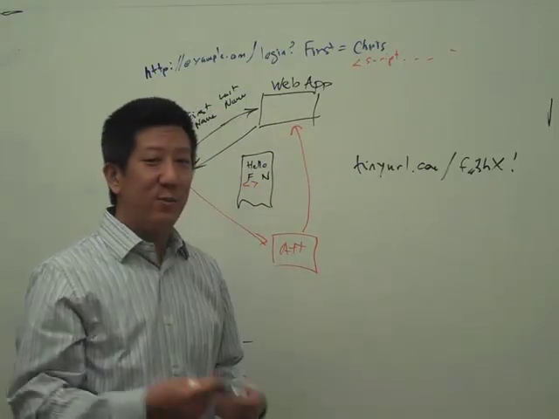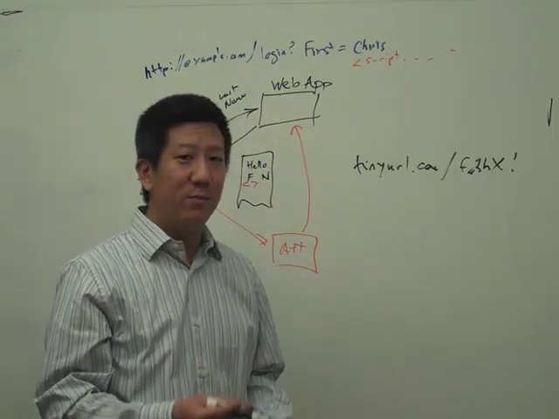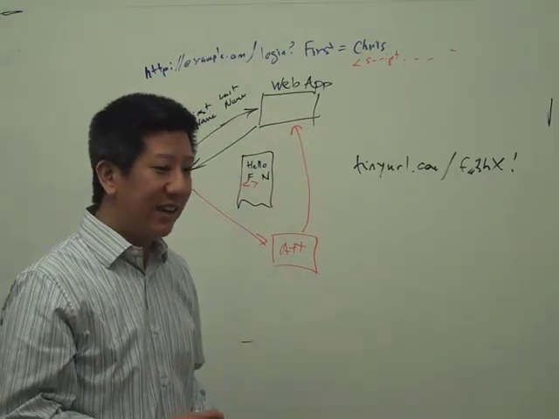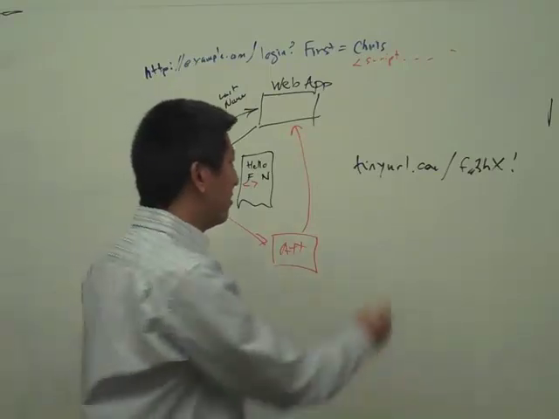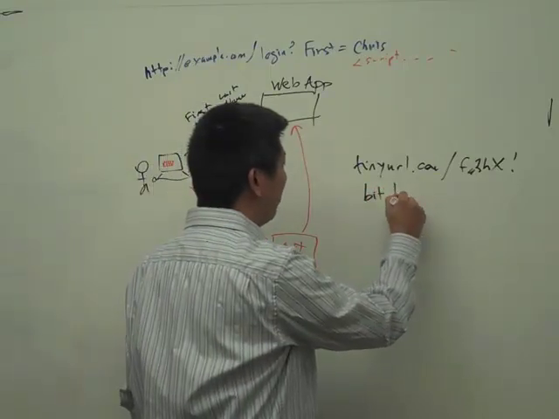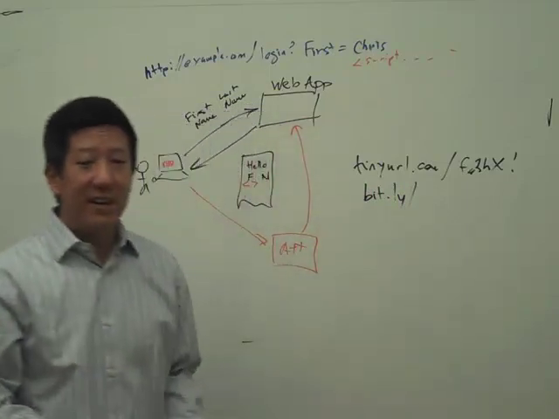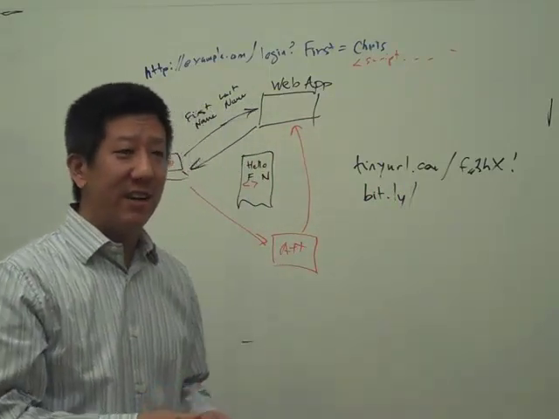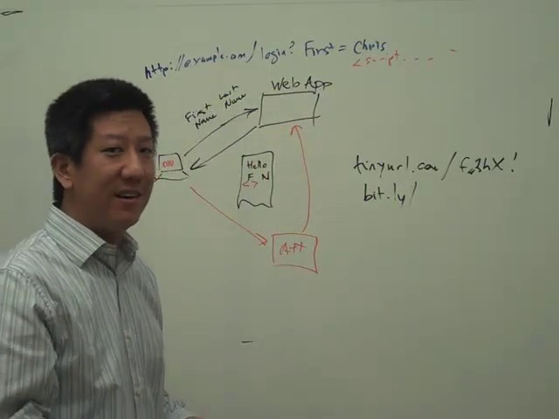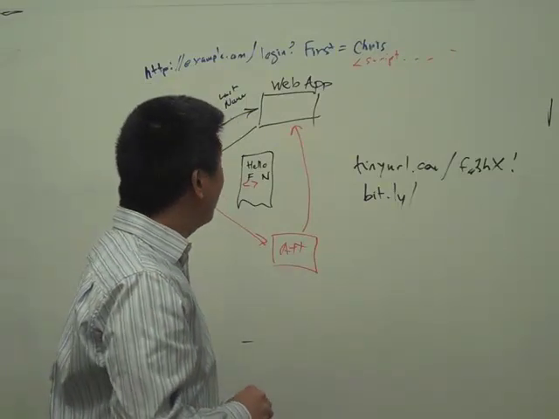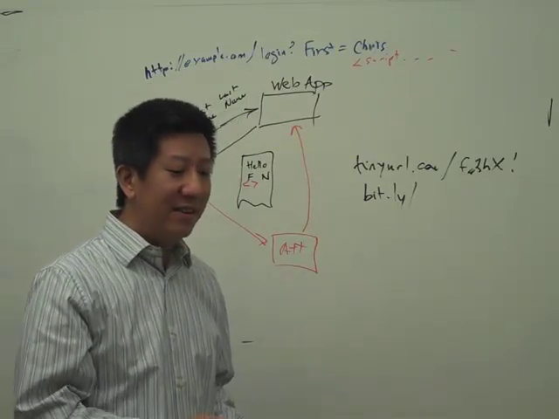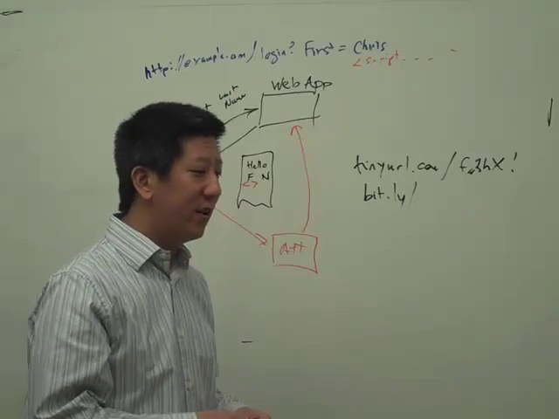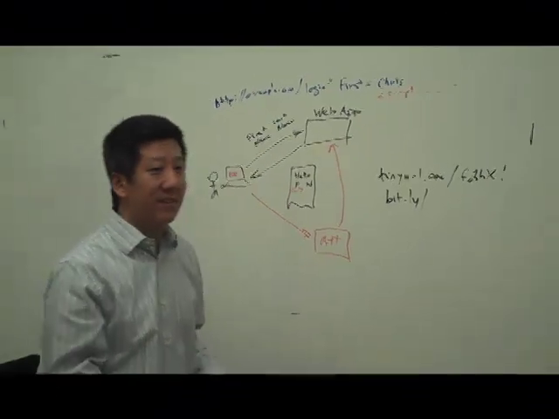So more and more these days, especially with sites like Twitter and Facebook and things that take advantage of link shortening services, you'll see tiny URLs and bit.lys and things like that people will tend to click on. So you can easily fool somebody into clicking on a link these days. So that's one form of a cross-site scripting attack called the reflected cross-site scripting.